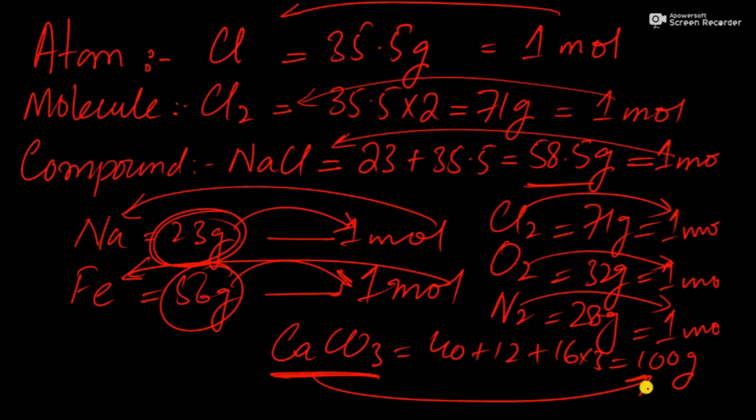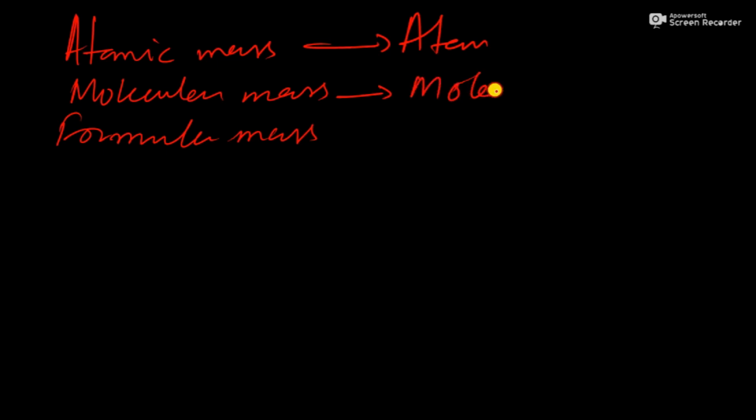Sorry, it is the formula mass because it's a compound. So a mole is the atomic mass for atoms, the molecular mass for molecules, and the formula mass for compounds.